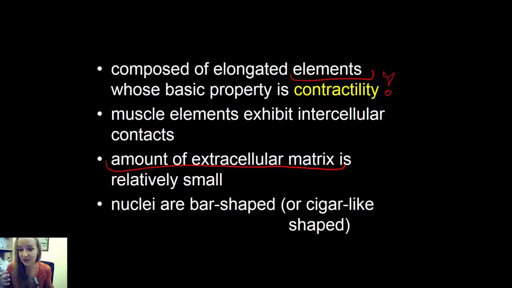There are intercellular contacts, they're working together, and these contacts are very important for muscle tissue to function. So we're going to learn about them. And the nuclei of these muscle tissue elements are bar-shaped or cigar-shaped. Yeah, I like this more, cigar-shaped nuclei of muscle tissue.